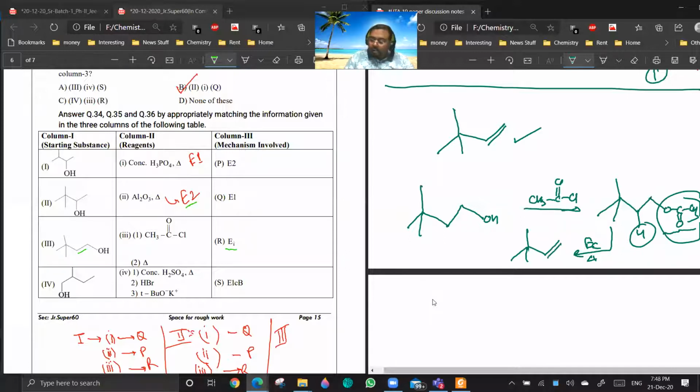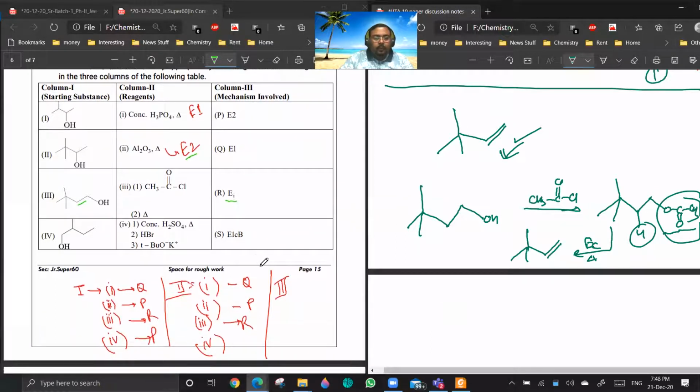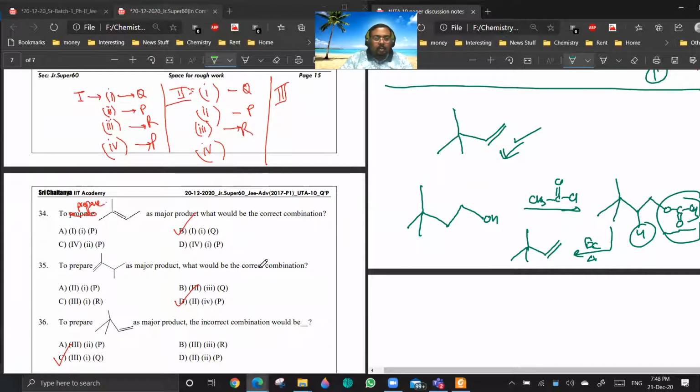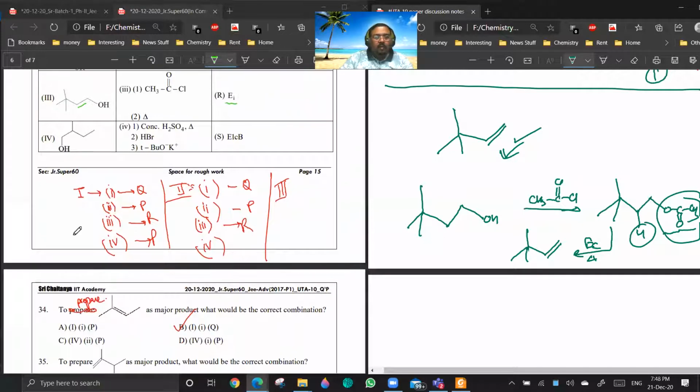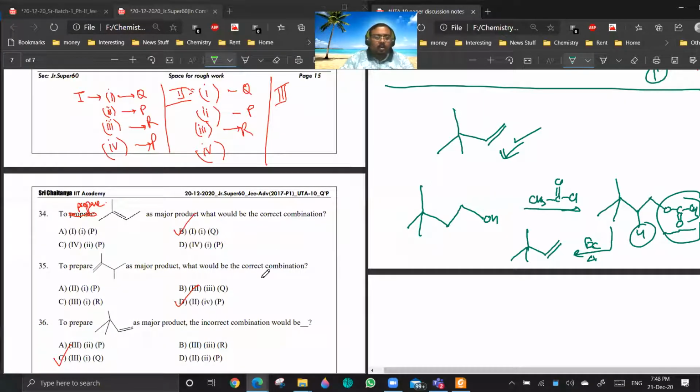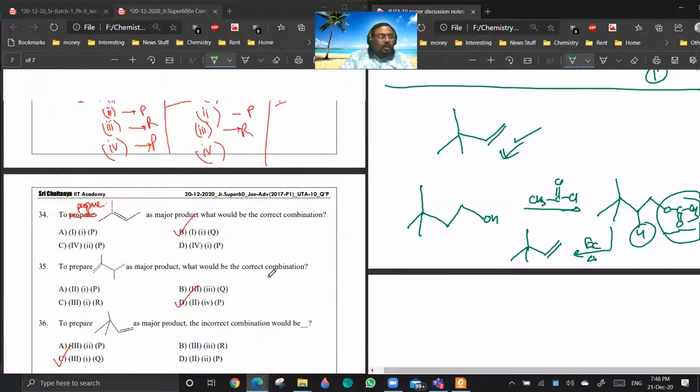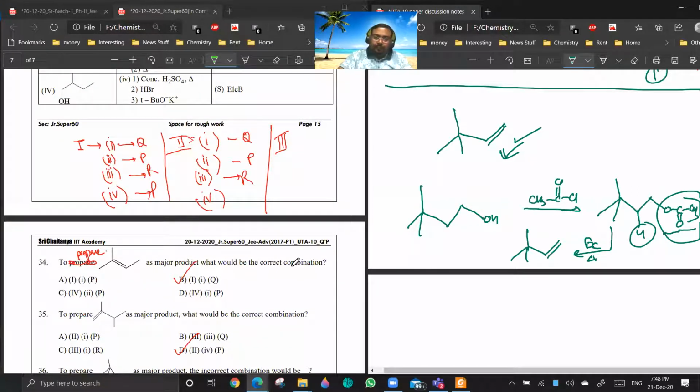See, ECI is also a beta elimination only. The only thing is there is syn elimination instead of anti. Are you getting the point? So you will get this as a product. Is it clear to all of you? Yes, sir. Earlier I was thinking of evaluating the option, then I got bored. It's faster to just check it. Others are clear? Yes or no?